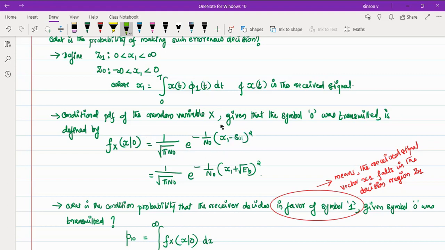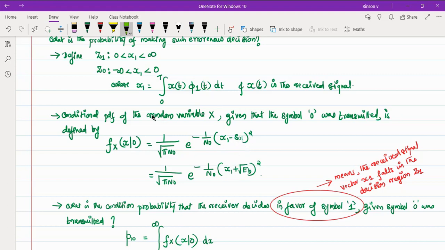Then you will have a conditional PDF like this. So what is s01? s01 is root Eb, that we know. Similarly, you can write the conditional PDF of x if I have transmitted 1. Then the mean will be s11, that is minus root Eb.